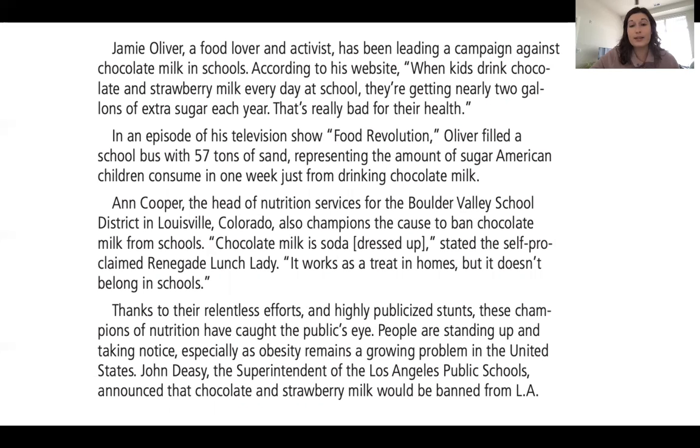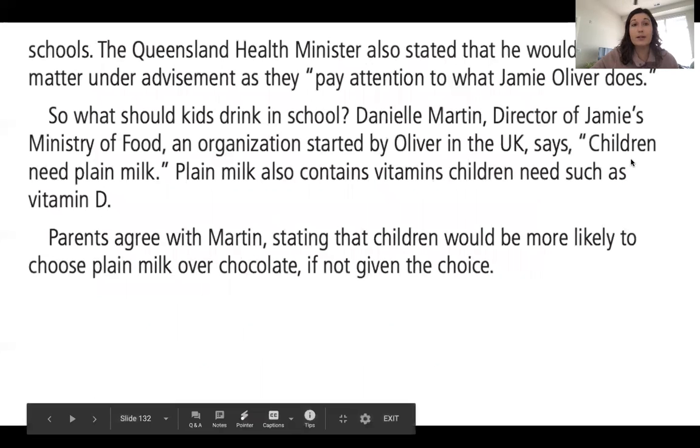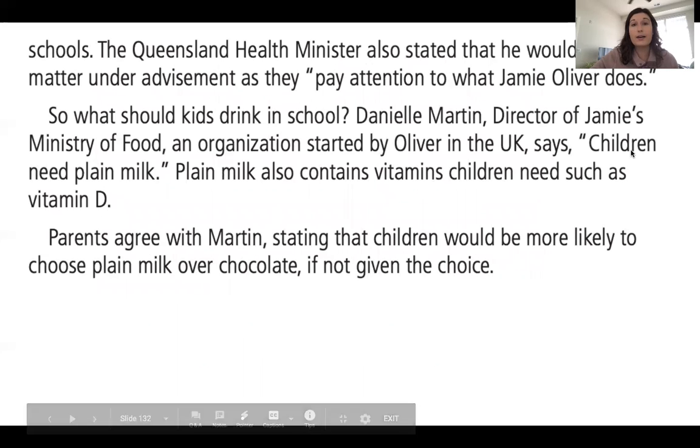John Deasy, the superintendent of the Los Angeles Public Schools, announced that chocolate and strawberry milk will be banned from LA schools. The Queensland health minister also stated that he would take the matter under advisement as they pay attention to what Jamie Oliver says. So what should kids drink in school?